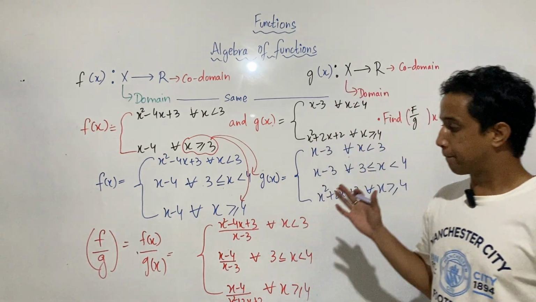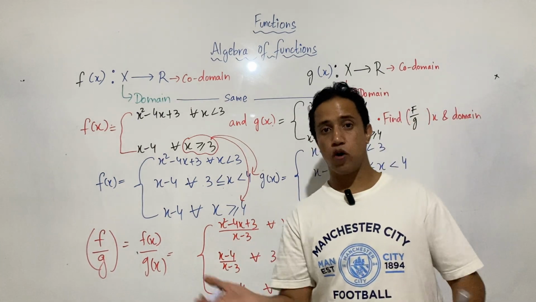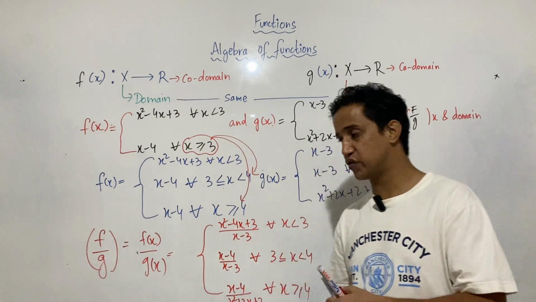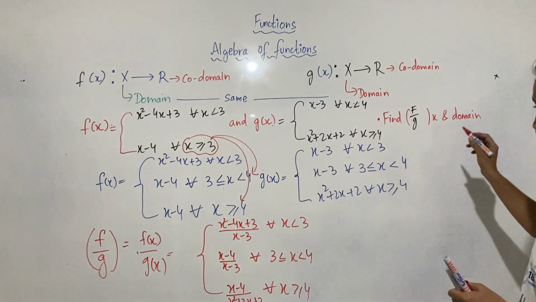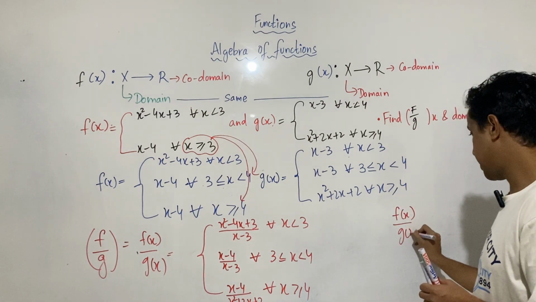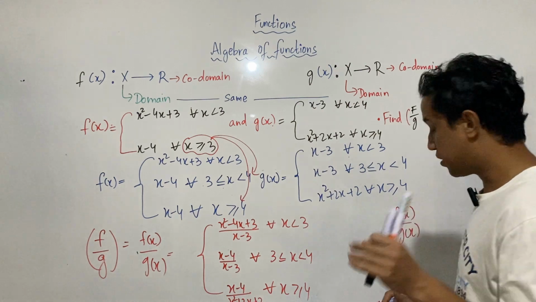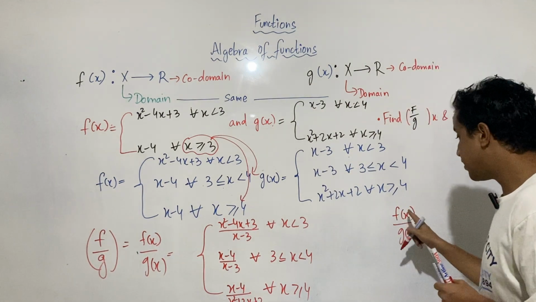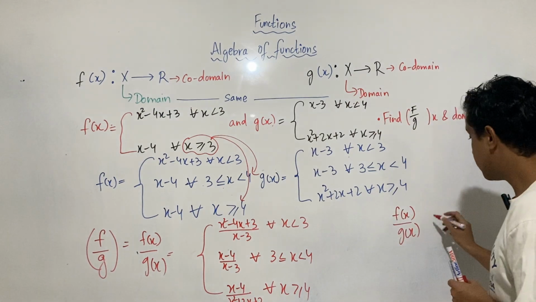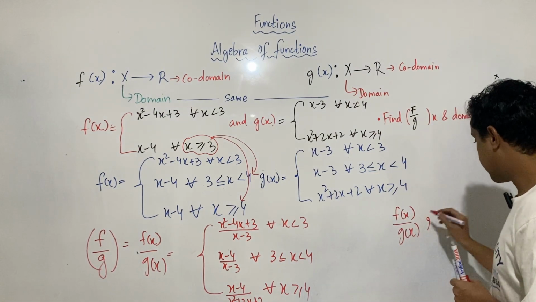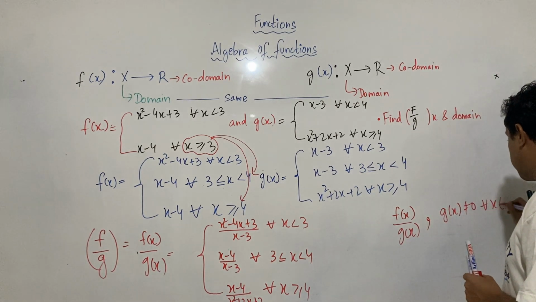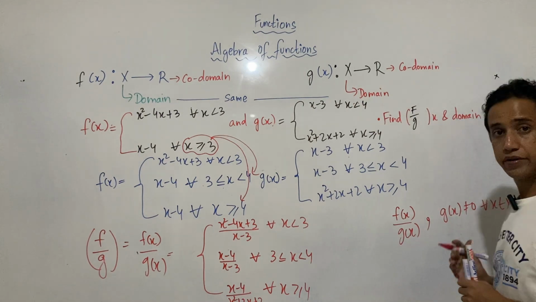When we apply the division operation on any two functions, according to the definition of f(x) over g(x), we have to make sure that g(x) must not be equal to 0 for all x belonging to our domain.